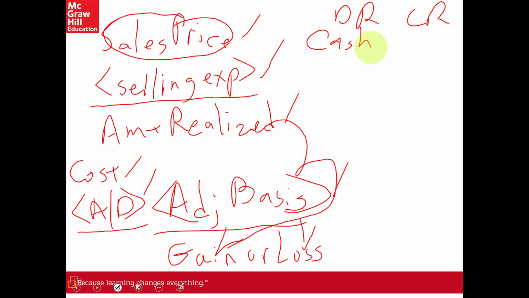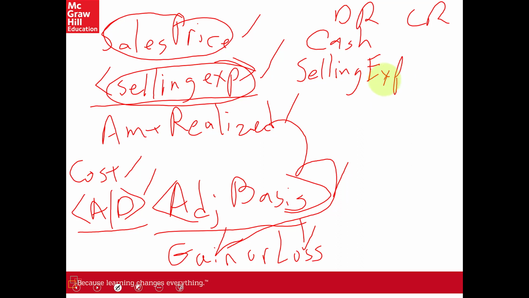Selling expenses, I could just reduce the cash amount that's being debited, but I can record this as an expense. Selling expense, we know expenses are recorded with debits. And then amount realized is not journalized, it's just the difference between cash and selling expenses.